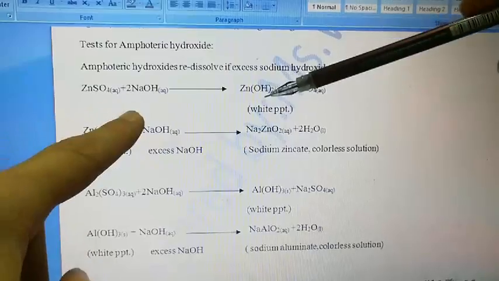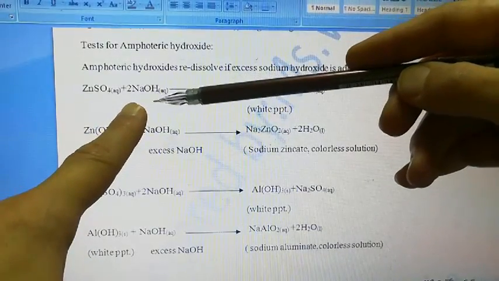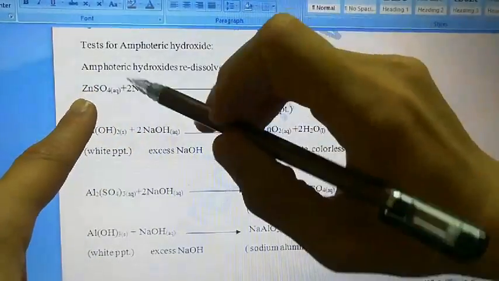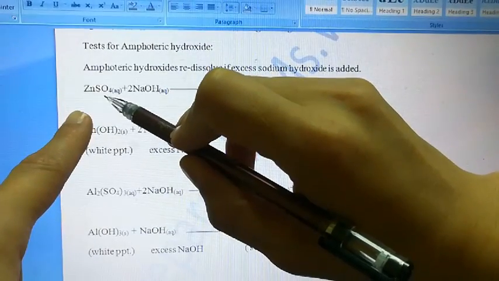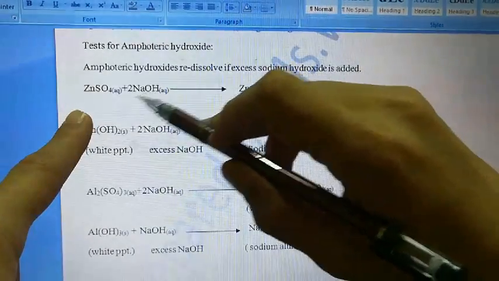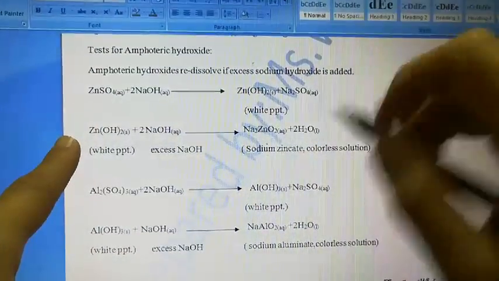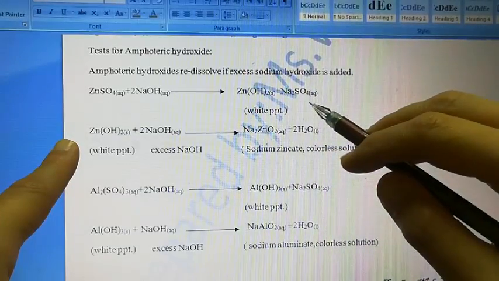So, zinc hydroxide is prepared by a reaction of sodium hydroxide with zinc sulfate, a salt. By a double displacement, sodium will react with sulfate and zinc will react with hydroxide to give us zinc hydroxide and sodium sulfate.